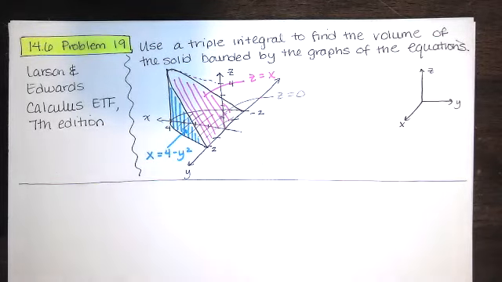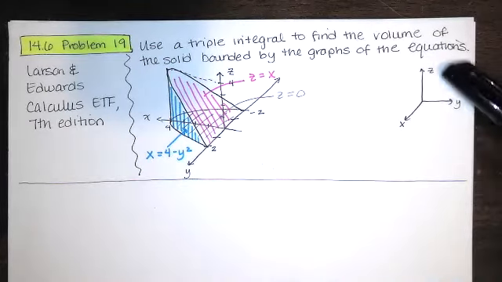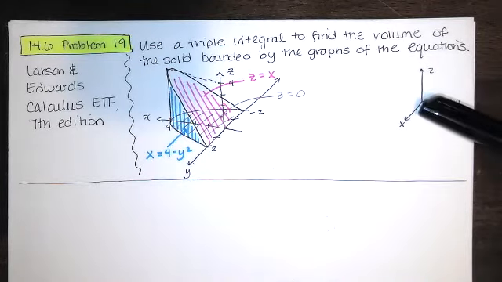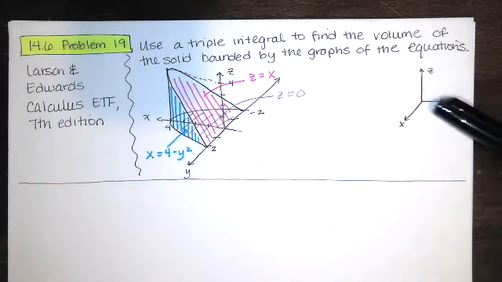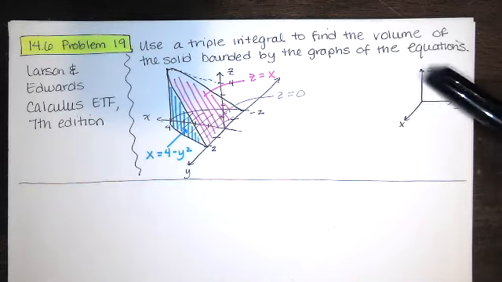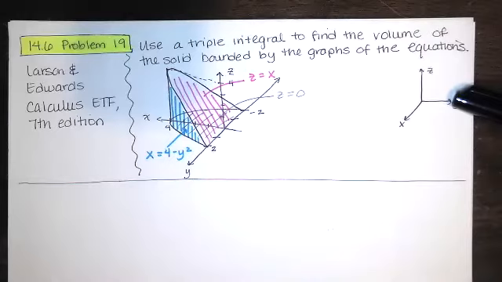Now I want to point out a couple of things to you before we go on. Most of the time when we're looking at surfaces in three-dimensional space, we are graphing from this perspective. So we've got the x-axis sort of coming out of the page and the y-axis off to our right and the z-axis pointing up. That's our standard drawing of our right-handed coordinate system.